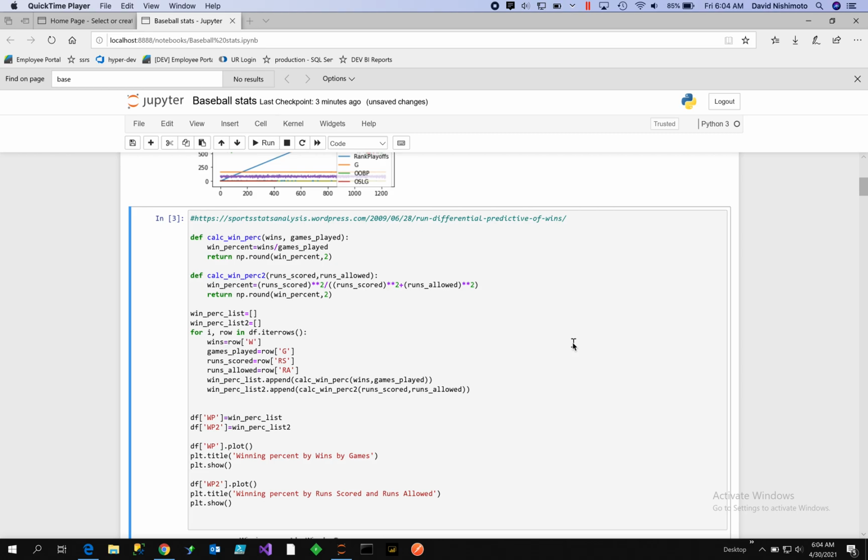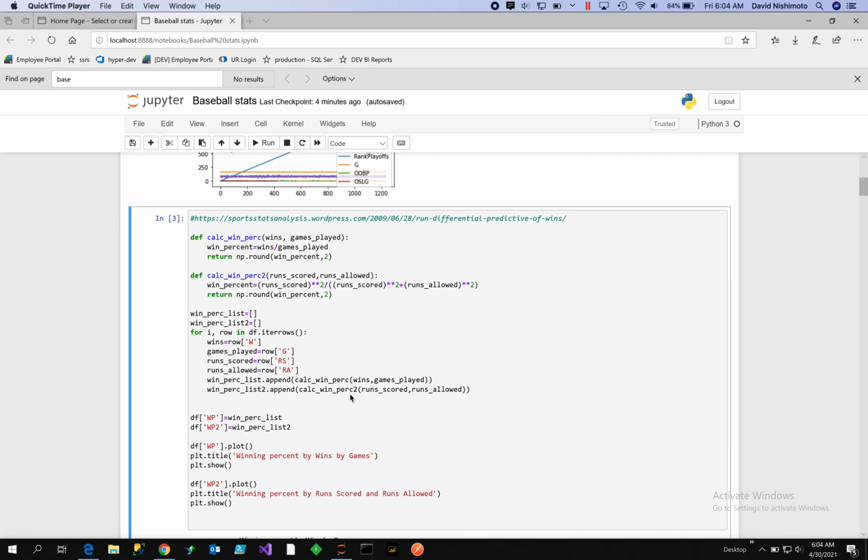Okay, so one of the most important factors that you can have is the win percent. We can get the games played, which would be G, the runs scored, and runs allowed, and then from those factors, we can calculate the win percent. So if you think about it, it's kind of logical.